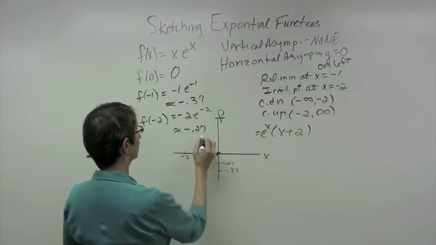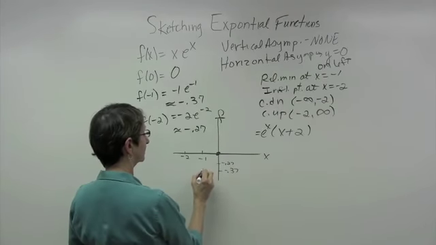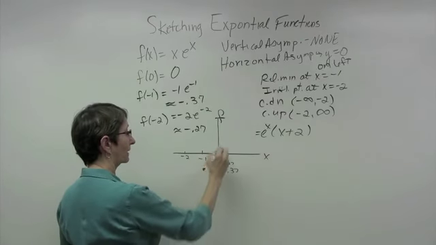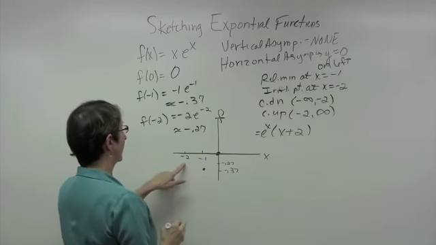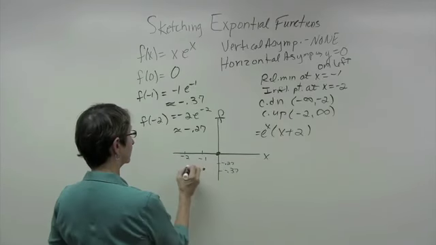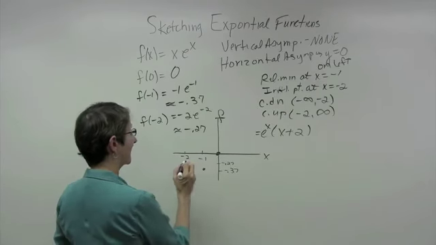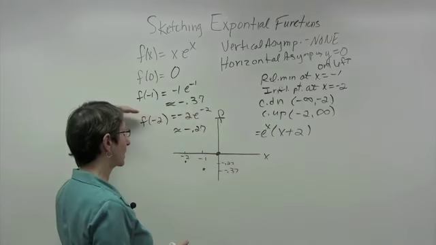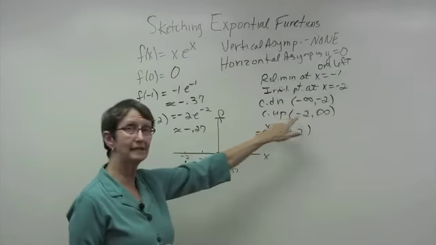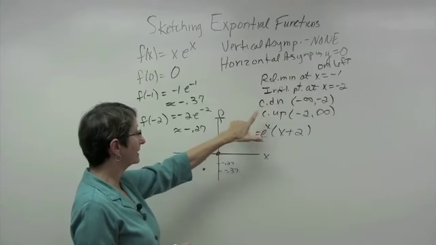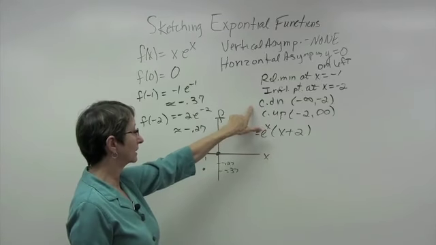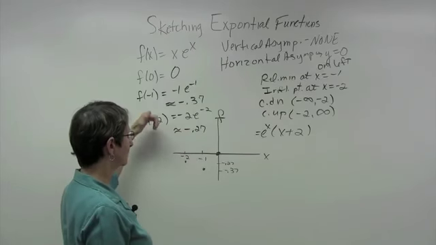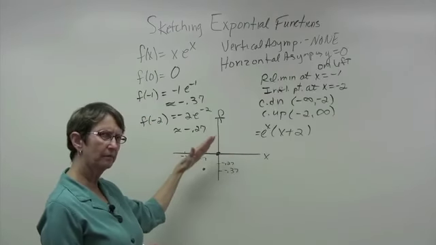At -1, my -0.37 is a minimum. So that means it has to go down to that point and back up. At -2, the value is -0.27. That is a point of inflection. So as it goes down, my concavity has to change. It's concave down until I get to -2, and then it turns to become concave up.